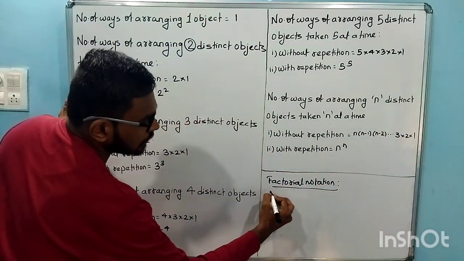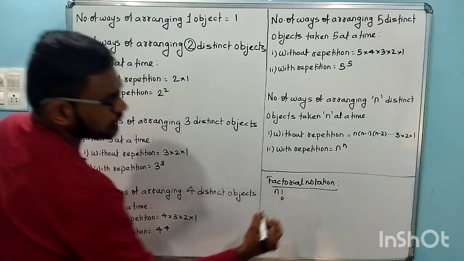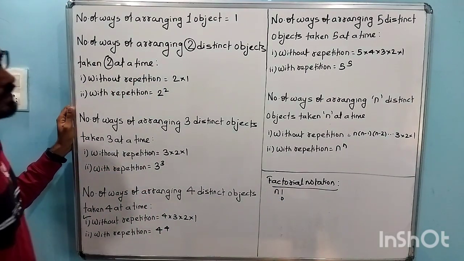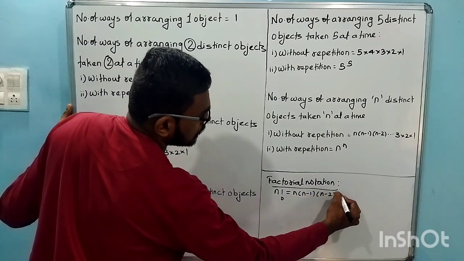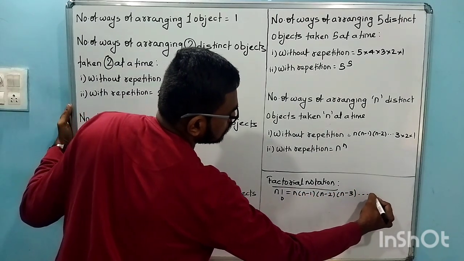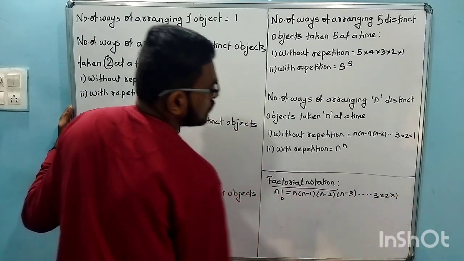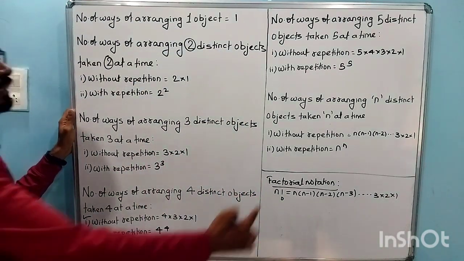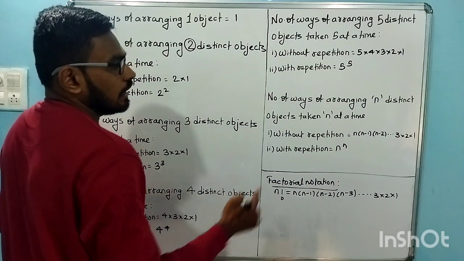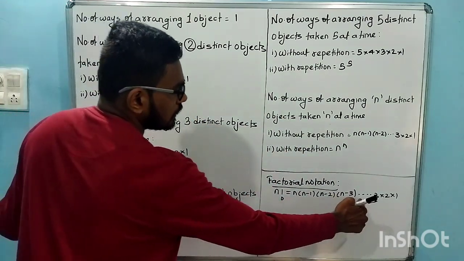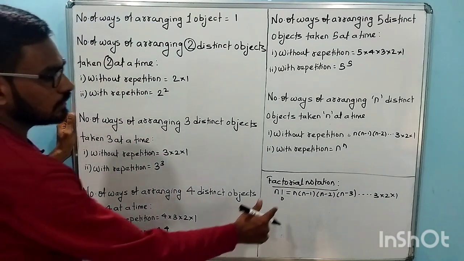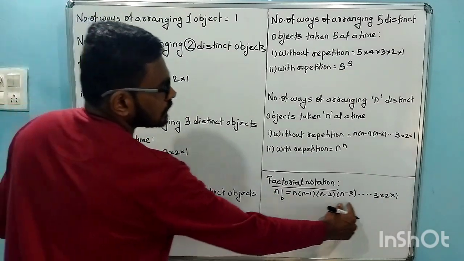See, factorial notation: n factorial is equal to n, n minus 1, n minus 2, n minus 3 and so on, 3 2 1, just as n raised to n is n times. There is a notation for this.